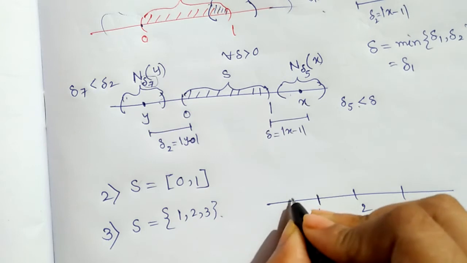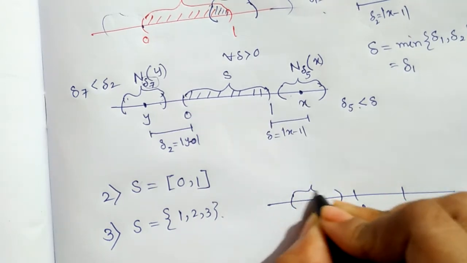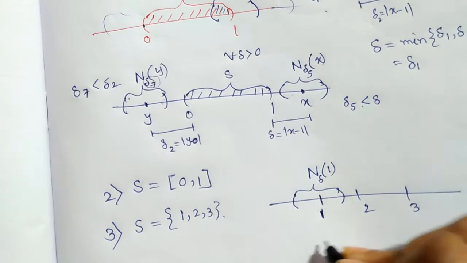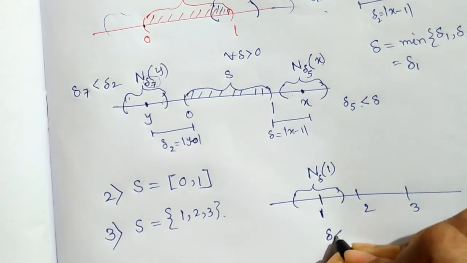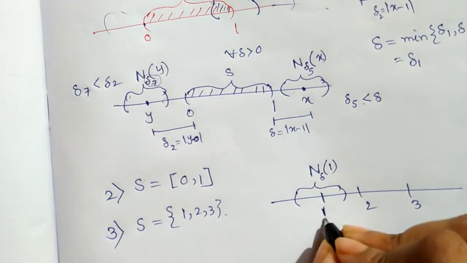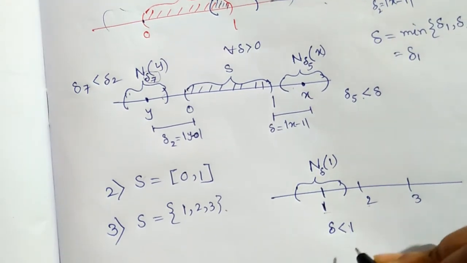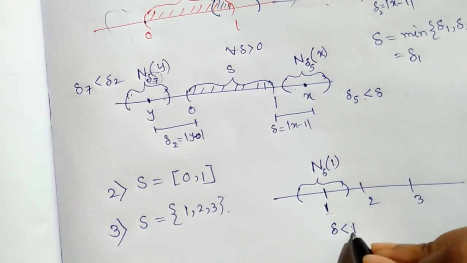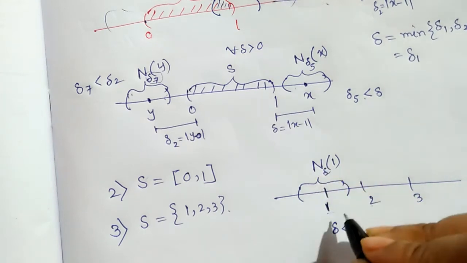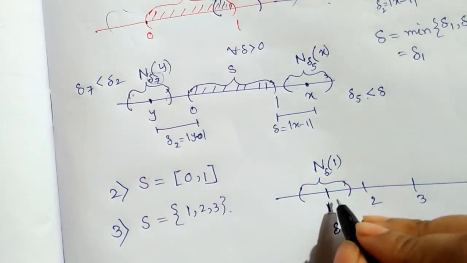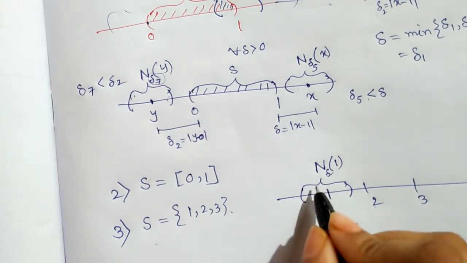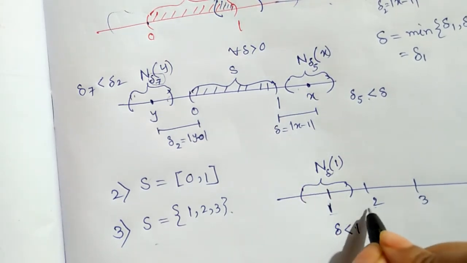If we take a delta neighborhood of 1 where delta is less than 1, because this distance is 1, then this neighborhood contains no point of S. It does not contain 2 or 3.